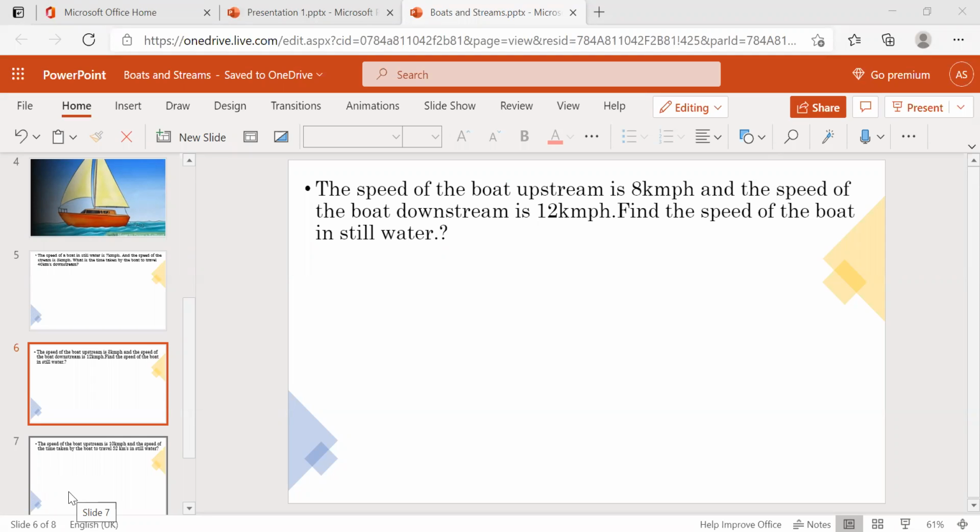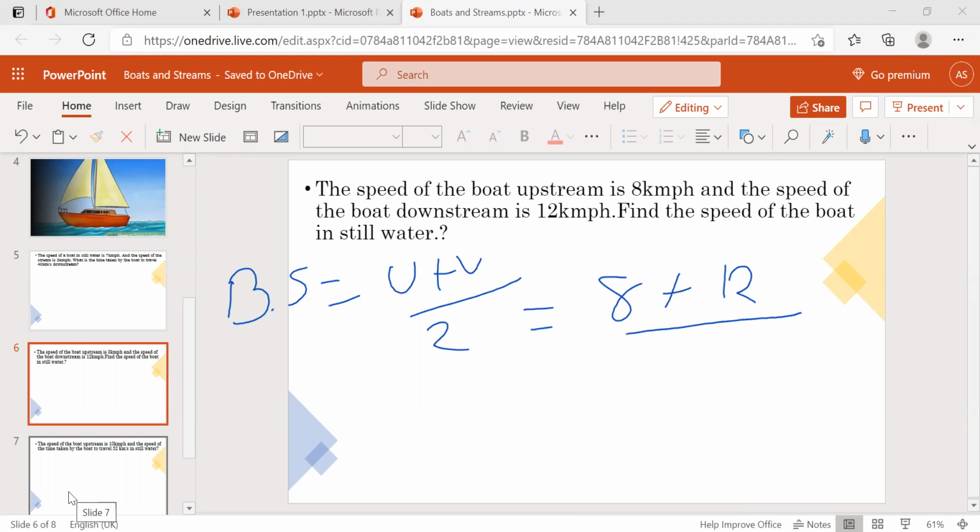They're asking only for the boat speed. We know the formula is u plus v by 2. The upstream is 8 kilometers, the downstream is 12 kilometers, so 8 plus 12 by 2 is 20 by 2, which is 10 kilometers per hour.